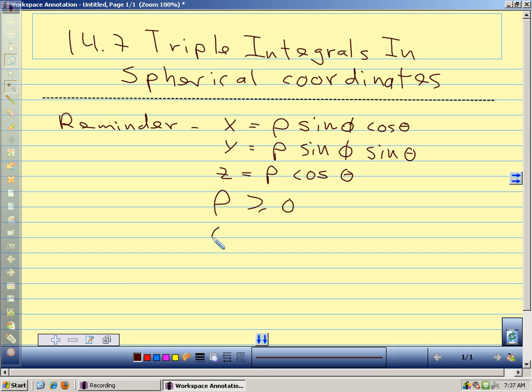Theta is the same as in polar coordinates or cylindrical coordinates. And phi is measured from the positive z-axis.